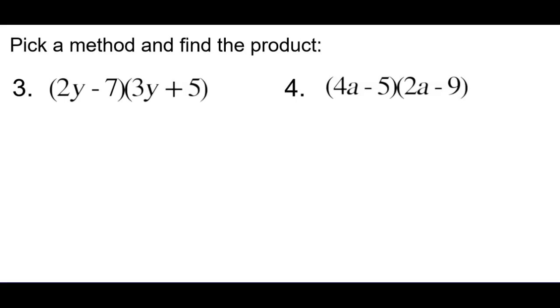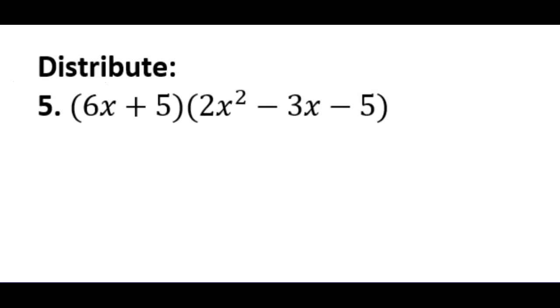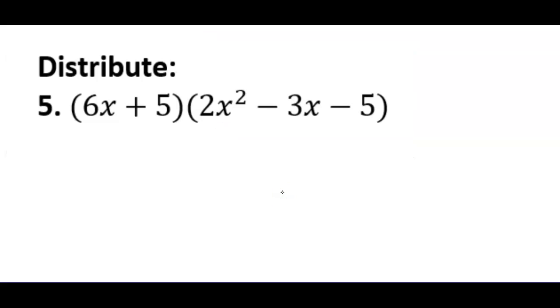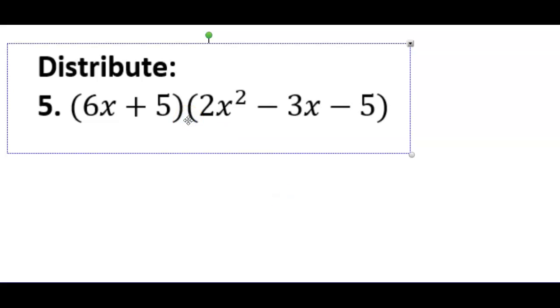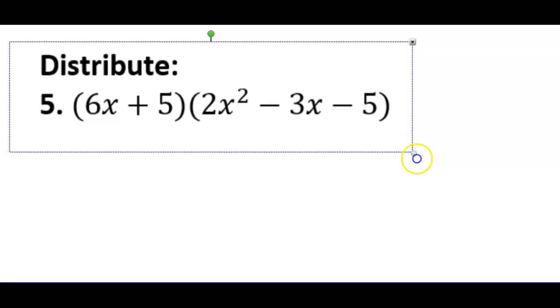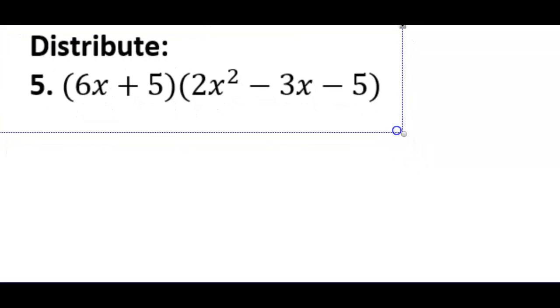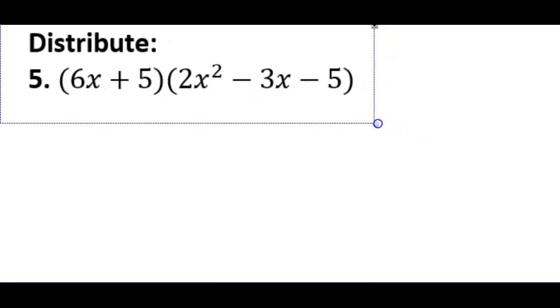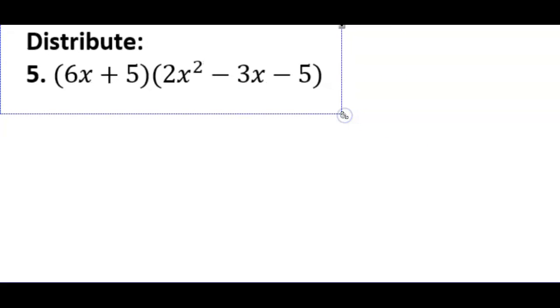So number 5 is a little bit different than 3 and 4 because I have got a trinomial over here. So I actually would like to make that a little bit smaller. There we go.